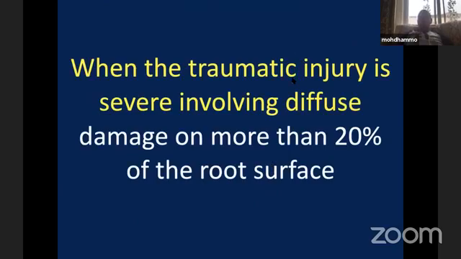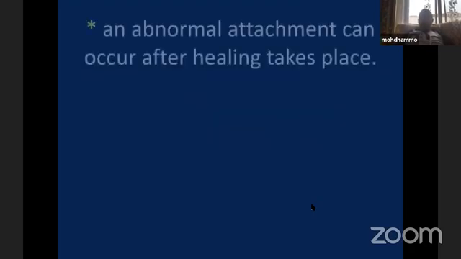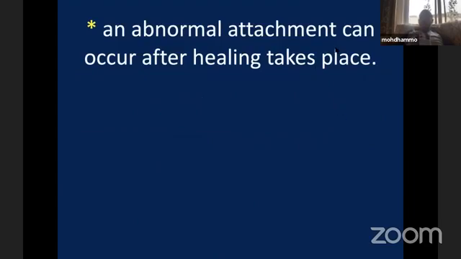When the traumatic injury is severe and it will damage more than 20% of the root surface, so the pre-cementum, most of it was damaged, what will happen? Abnormal attachment can occur after healing takes place.